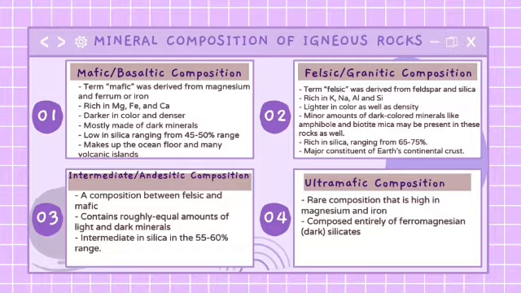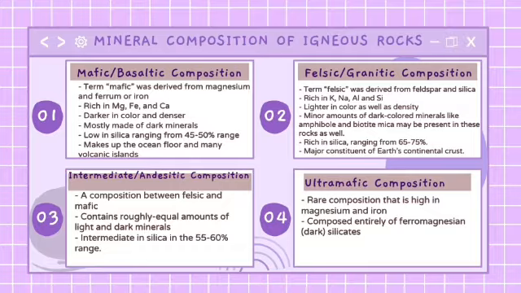So let's go to the first mineral composition of igneous rocks, which is the mafic or basaltic composition. The term mafic was derived from the magnesium and ferrum or iron. So ma from magnesium and fic from ferrum or iron. Mafic rocks are richer in magnesium, iron, and calcium.